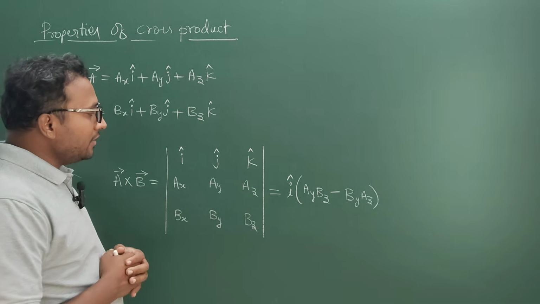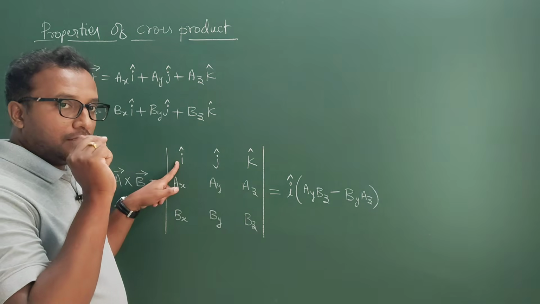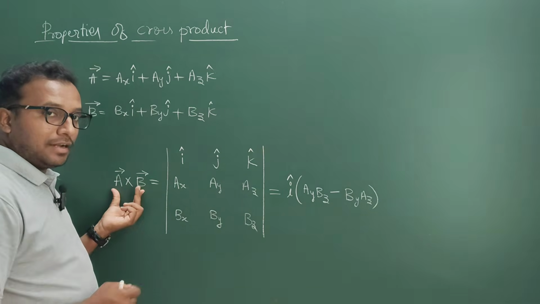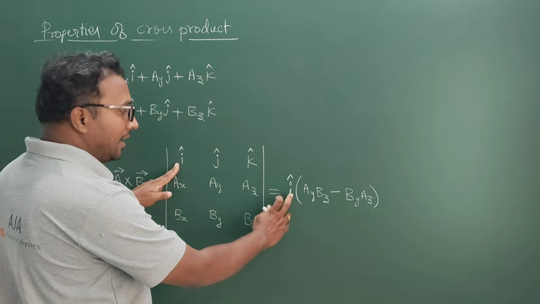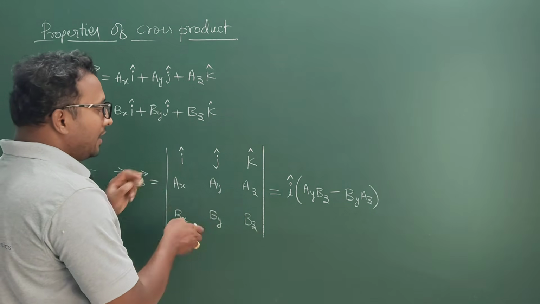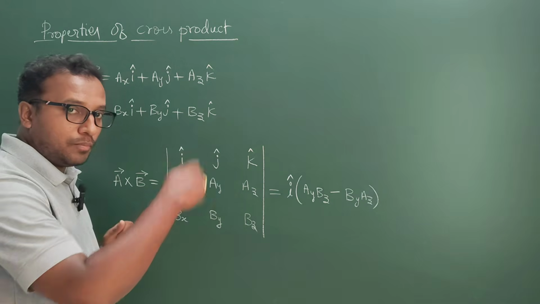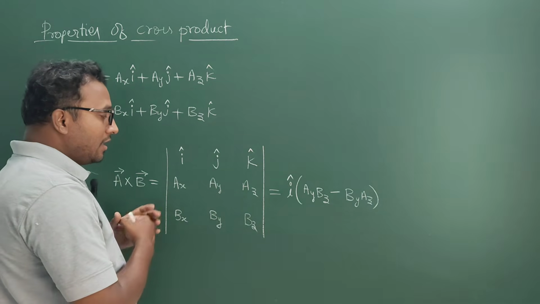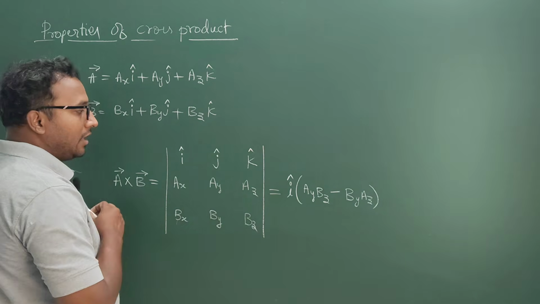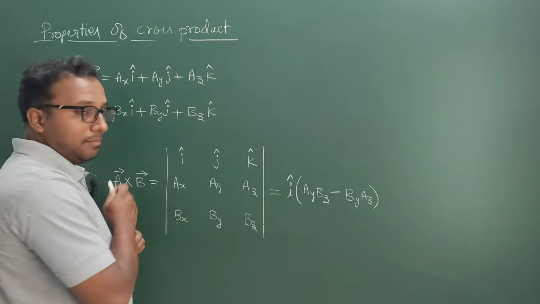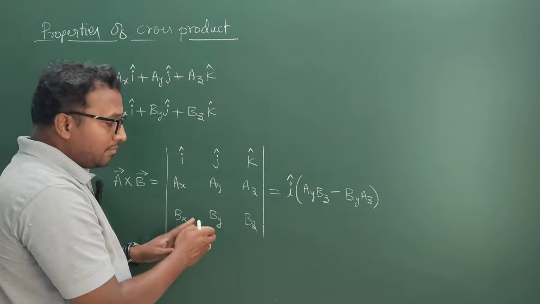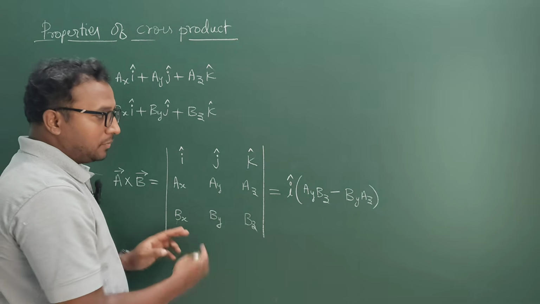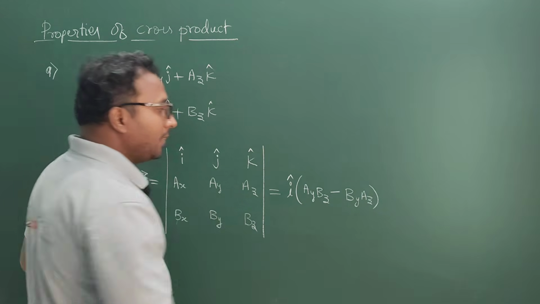So what we have done here is choose the x component of the resultant vector of A cross B. That's why I took i cap out of the bracket, and I eliminate the components of the two vectors in this column and this row completely. For the remaining four numbers, I take the cross product between them. That's what is happening.